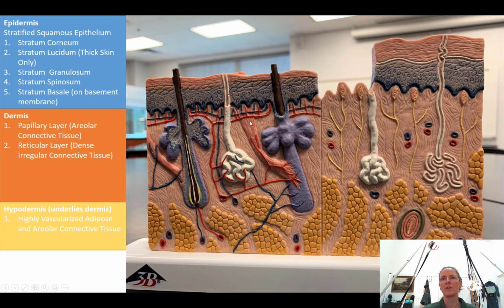We can also see that we have a smooth muscle associated with this hair follicle. This is called an erector pili muscle, and that is what causes the hairs to stand on end. So if somebody gets cold or they get frightened, the hair will stand up on end. And this, in other animals, has a lot of value because when hair stands up on end, it creates an insulating layer. That's one reason.